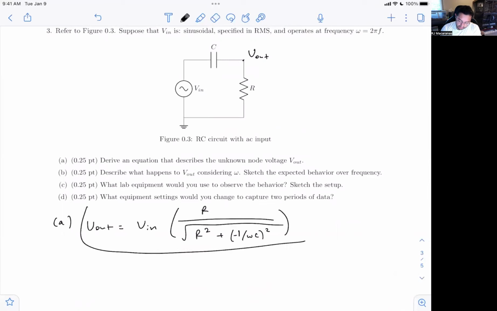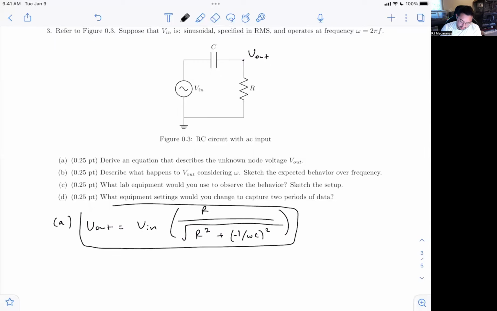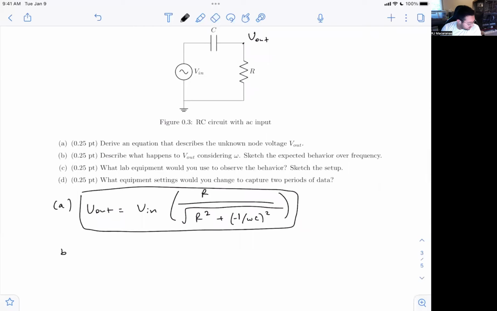So there's our output voltage this time. And now we're actually proportional to omega, right? So V out increases proportionally to omega.